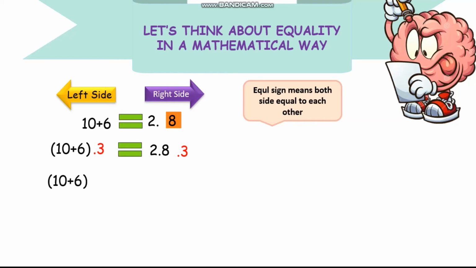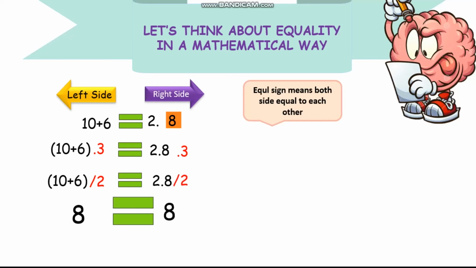Let's say that I divide this side by 2, and in order to protect the equality, I should also divide the right side by 2. And the left side equals 8 and the right side equals 8 for the last example.